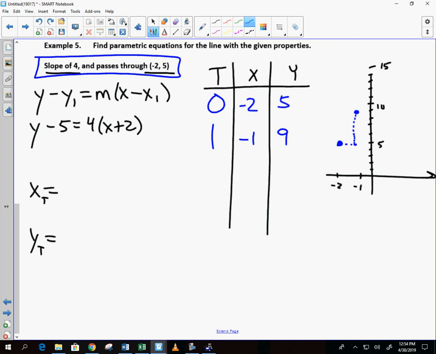Should we advance forward another spot? What time do you want to advance forward to now? Time 2. Okay. So if I advance forward to another point, over 1 and up 4.